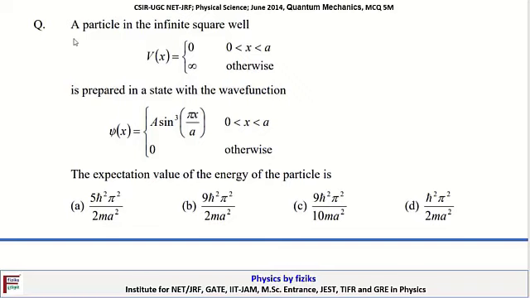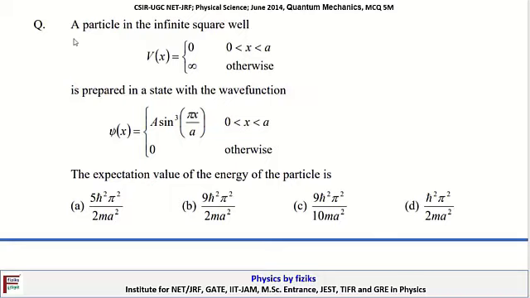A particle in the infinite square well, where the potential is defined as V(x) is 0 in the range 0 < x < a and infinity otherwise, is prepared in a state with wave function A sin cube (pi x by a) in the region 0 < x < a and 0 otherwise. The expectation value of energy of the particle is, we have to determine.